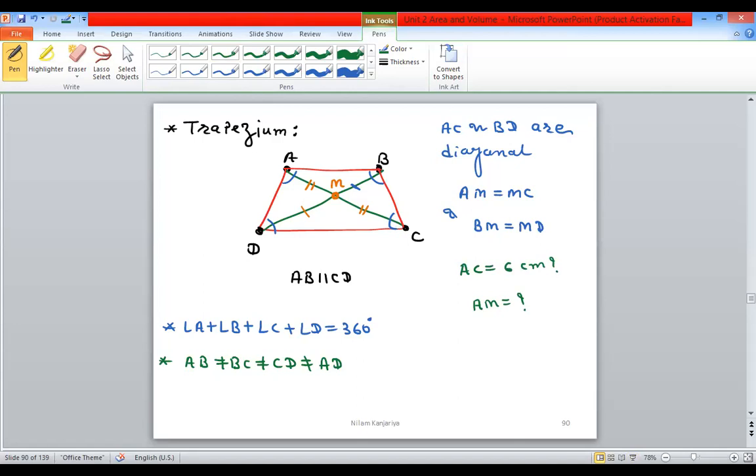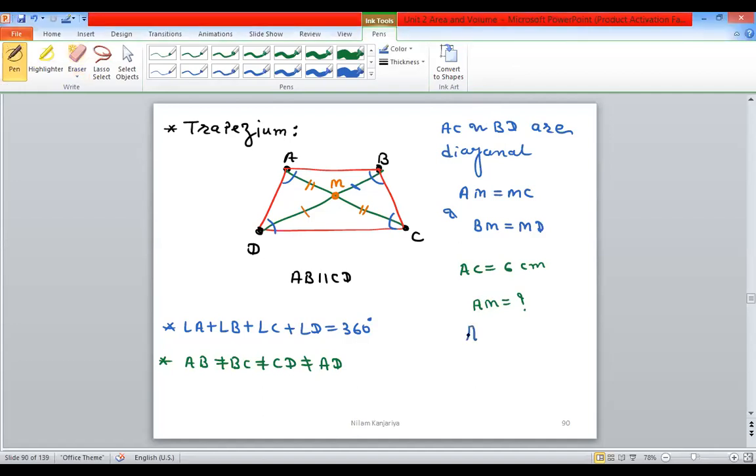Does anyone have an idea? If the length of AC is 6 centimeters, then what is the length of AM? Yes, Calvin, Karan, Dia, very good. It's half of AC.